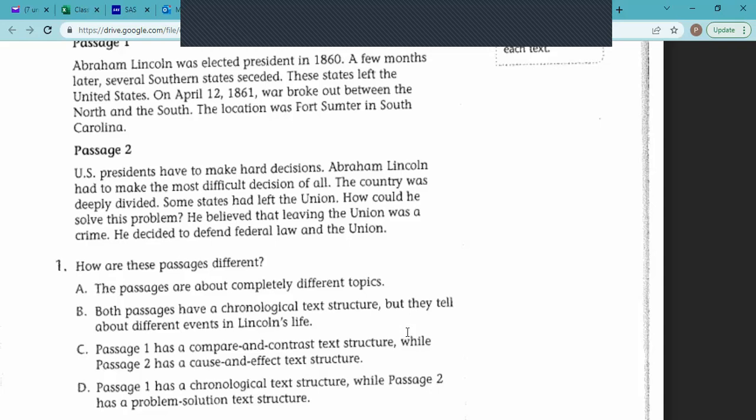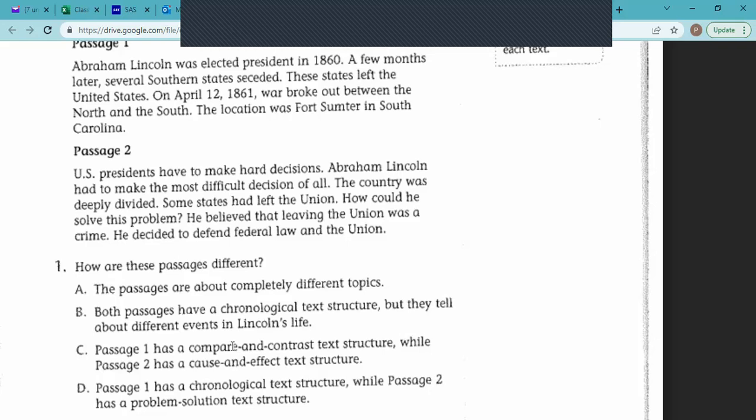But if you look at paragraph 1, it's not compare and contrast. This is more about chronological text structure. I see dates, okay? And it says right here, Abraham Lincoln was elected president in this year, a few months later.